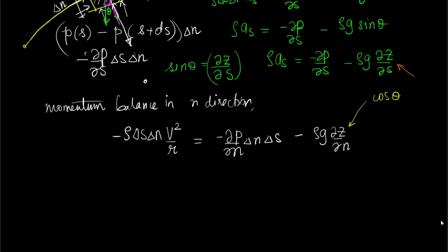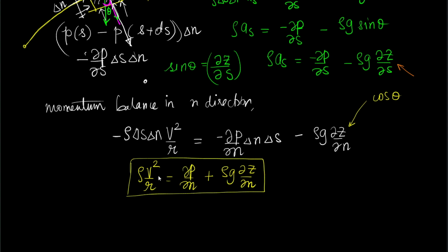So with this in mind, we can simplify this as rho v square upon r, where r is the local radius, is equal to minus del p del n minus rho g del z del n. So this is the Euler equation normal to the streamline.